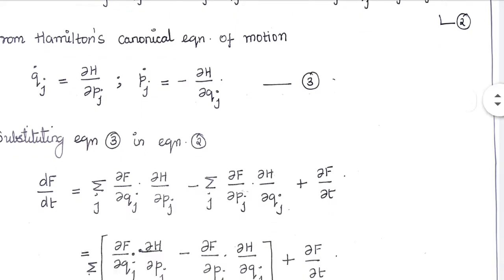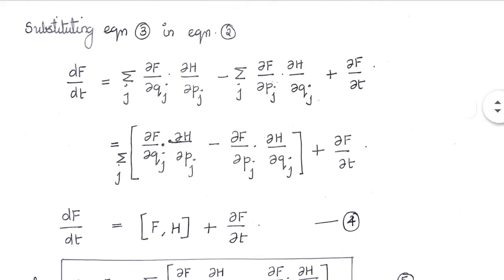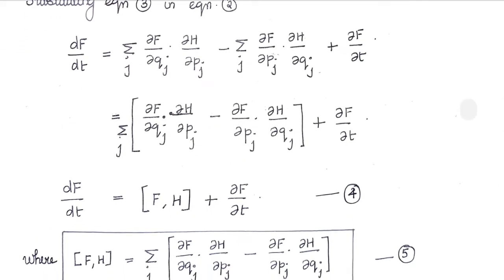Now the first and second term put together, which is equal to dou f by dou qj into dou h by dou pj minus dou f by dou pj into dou h by dou qj, can be written as f comma h. That is the Poisson's bracket of f comma h.